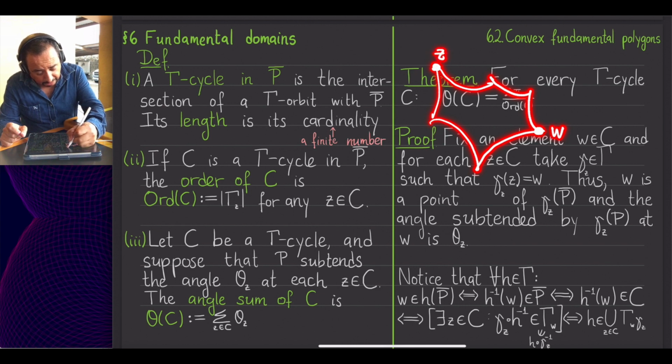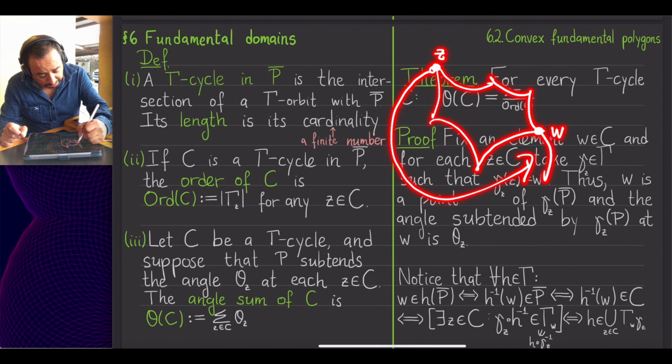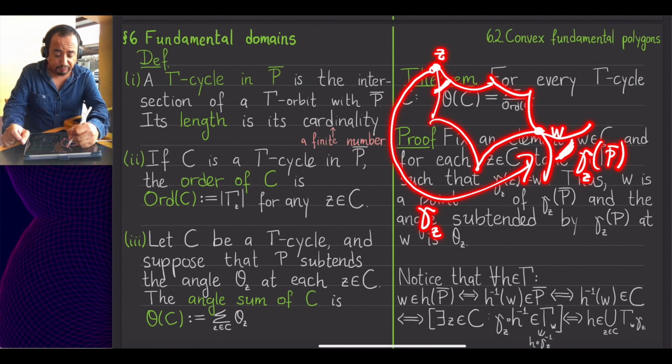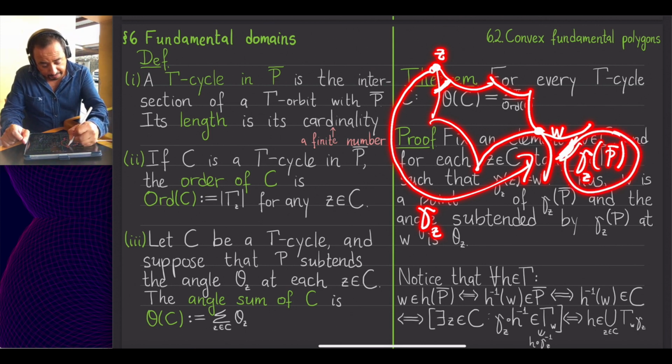So when I move this using gamma Z, I see something like this, and this is gamma Z of P bar, because here I'm moving it with gamma Z, and this angle is this angle, because Möbius transformations are conformal, right? So the angle here subtended by gamma Z of P bar is this one, which is theta Z.